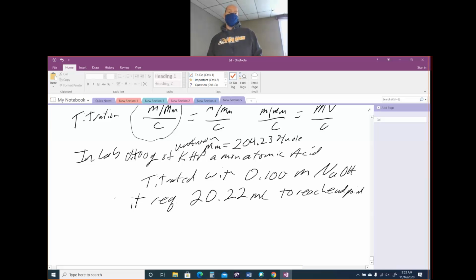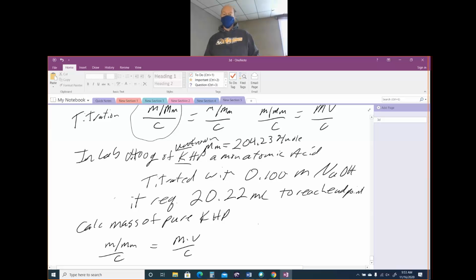Unknown KHP means it contains KHP and something else, so what we're going to calculate is the mass of pure KHP. You have your mass over your molar mass, over C, equal to molarity times volume over C.